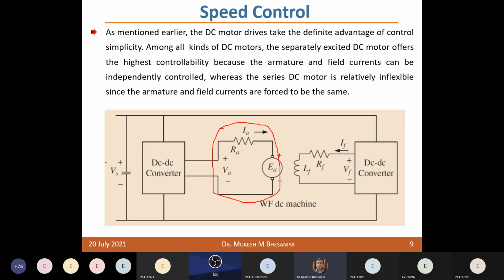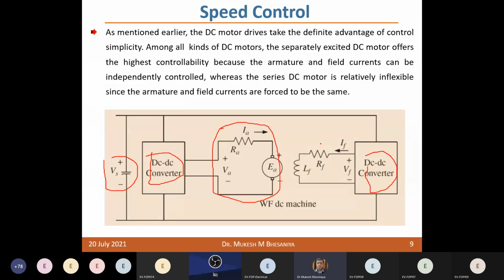This is your battery, or the energy source that you have, and it is connected to the input of both DC-DC converters. One DC-DC converter, or chopper, is feeding the armature of the machine. Another DC-DC converter is feeding the field winding of the machine. I will show you some of the expressions at a later stage.